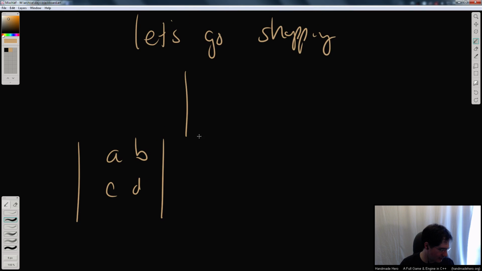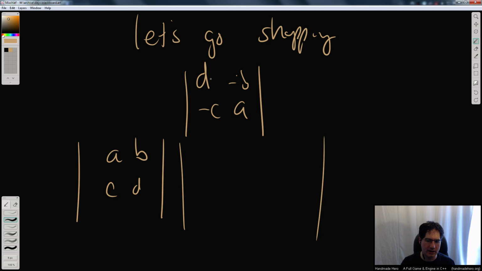So what you just said was, I'll copy down, swap A and D, and make C and B negative. So there you go. What happens if you multiply this out? If I do the dot product, I would get AD minus CB. So you can already see it's not the identity, because this should be equal to 1, and it's not.